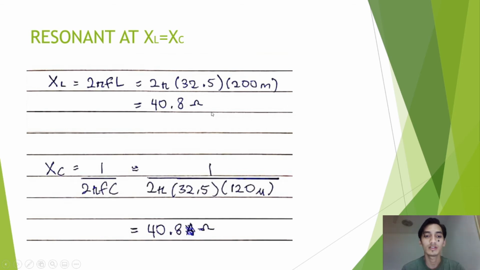When we calculate it, the reactance is 40.8 ohm. And for XC, it is 1 over 2 pi fC, C for the capacitor. When we calculate, we get the same. So XL equals XC, 40.8 ohm at the same frequency, 32.5 Hz.